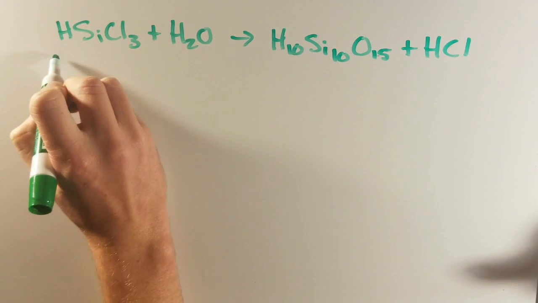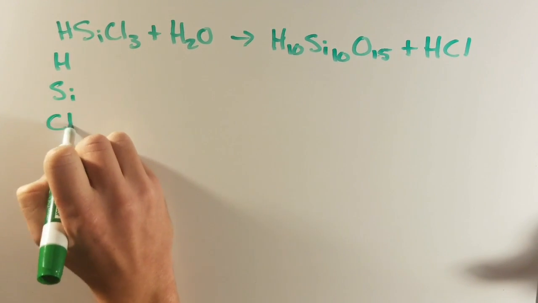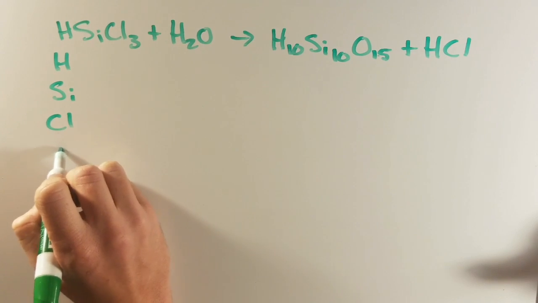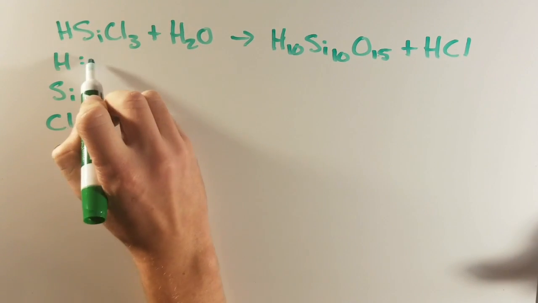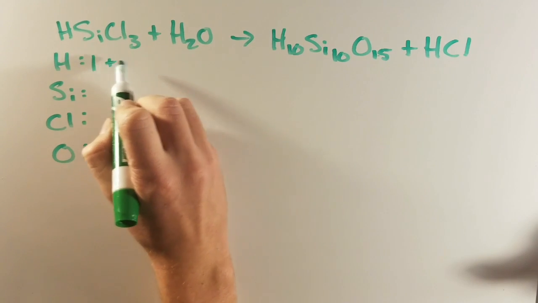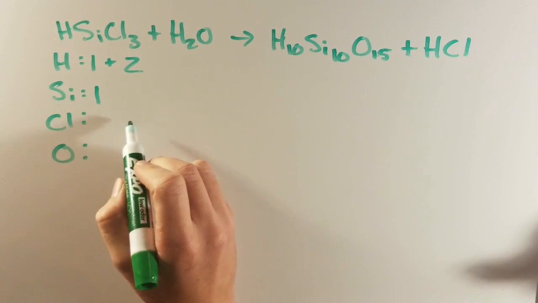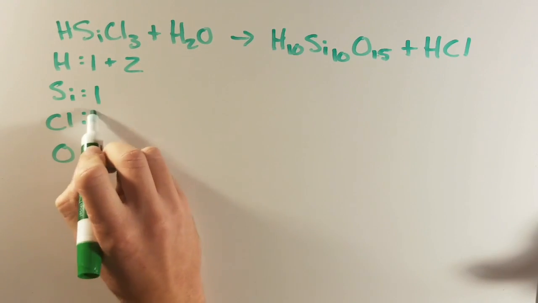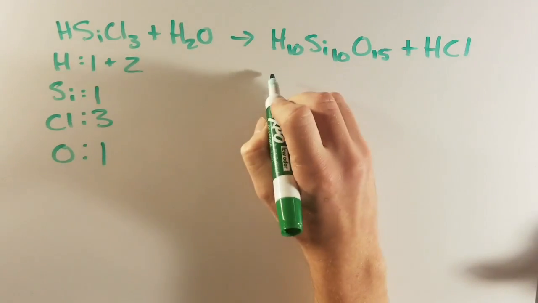All right, so let's identify and count all of the elements on each side. Hydrogen, we have 1 in this molecule and 2 in this molecule. Silicon, we have 1 in this molecule. Chlorine, we have 3 in this molecule, and oxygen, we only have 1 in this molecule.